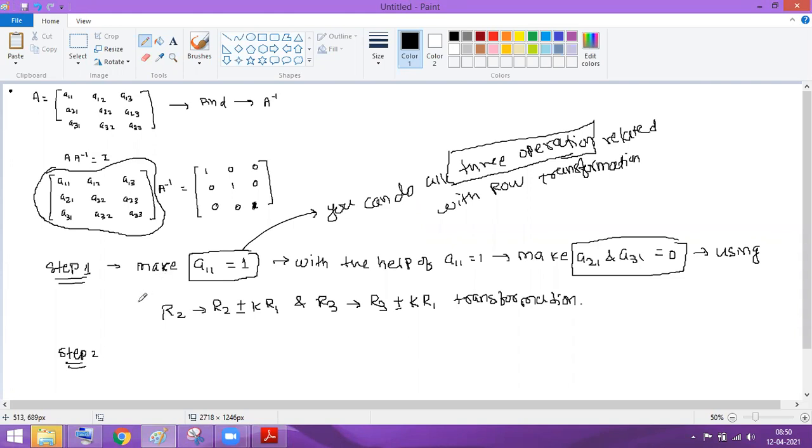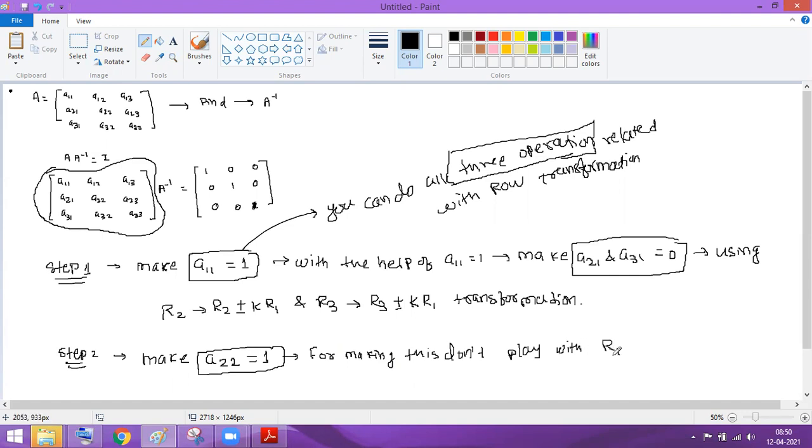Thank you, sir. Okay, now the case 2 is make A22 equal to 1. But here there is a condition: for making this, don't play with R1.